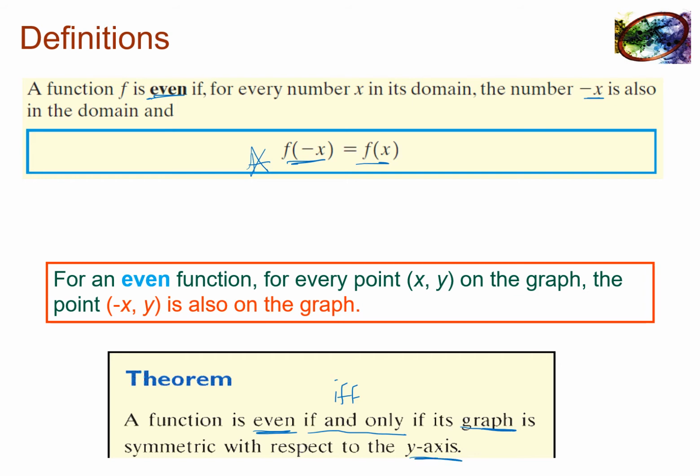If you think of your most basic parent function with an even degree, y equals x squared, that is a function that has symmetry over the y-axis, but not just polynomials can have symmetry over the y-axis. Y equals absolute value of x, not shifted, is also an even function.